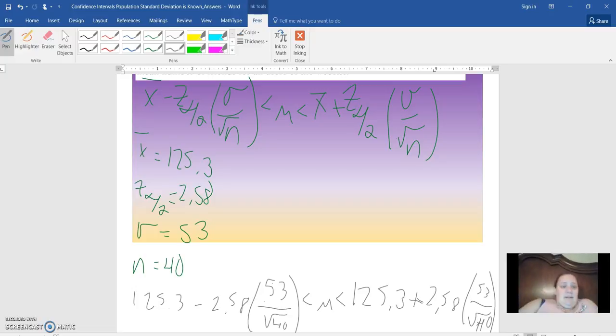All right, I'm going to do the margin of error first. Margin of error is right here: 2.58 times 53 divided by square root 40. All right, I get 21.6.